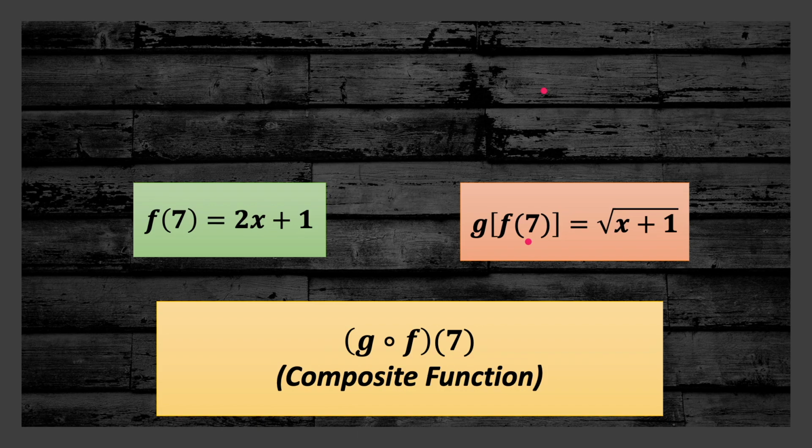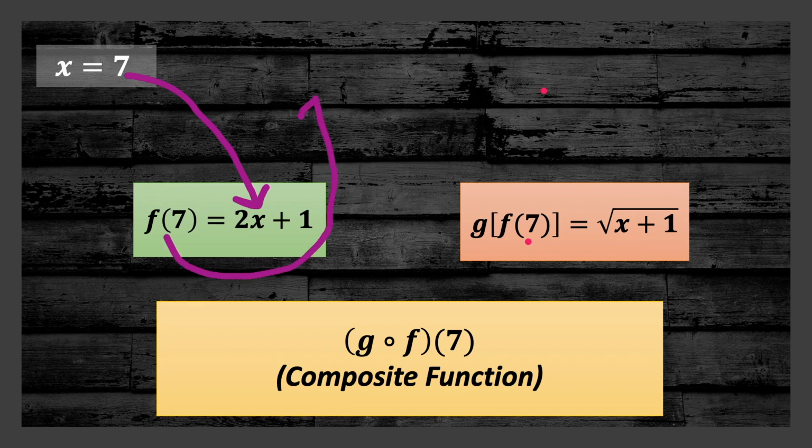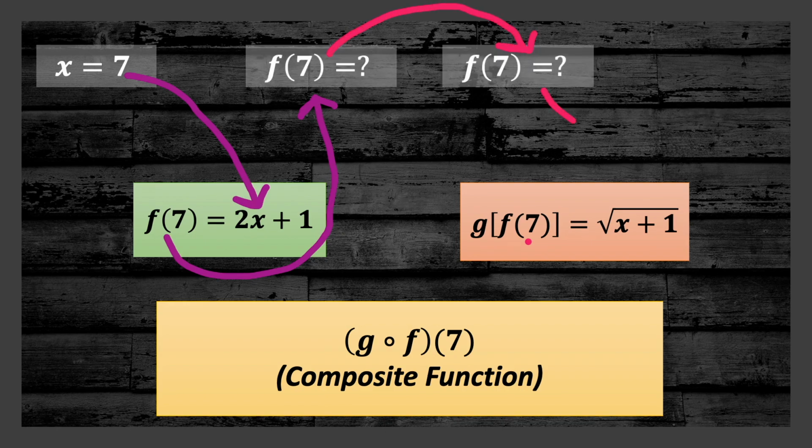To do this, we will plug the input or domain 7 to the equation of f of x. After this, the value of f of 7 will be our input for the second function g of x to find g circle f of 7.